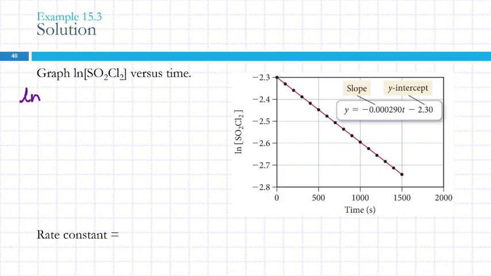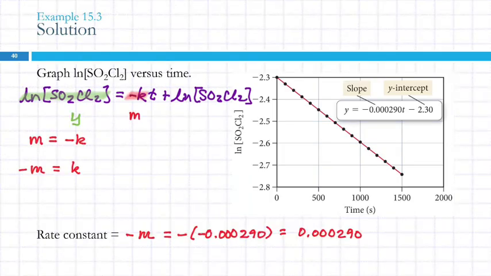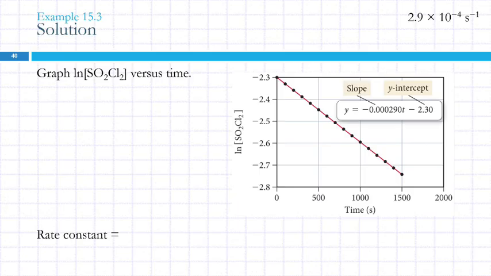So the first order integrated rate law looks like that. So here's the rate constant, and they're giving units of reciprocal seconds, or 1 over s.